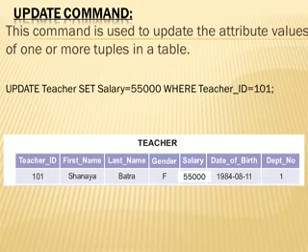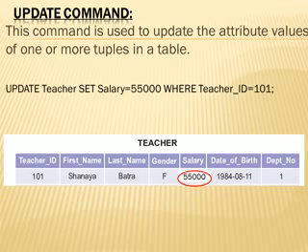See here, in this particular table everything is the same. Instead, the salary has become 55,000, as the teacher ID is 101 here, so only that will be changed.